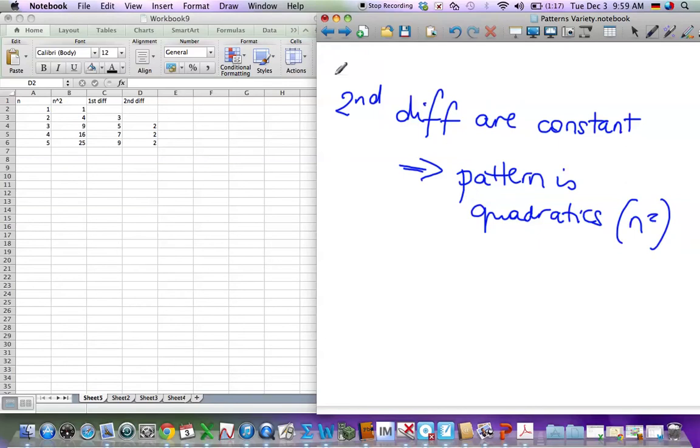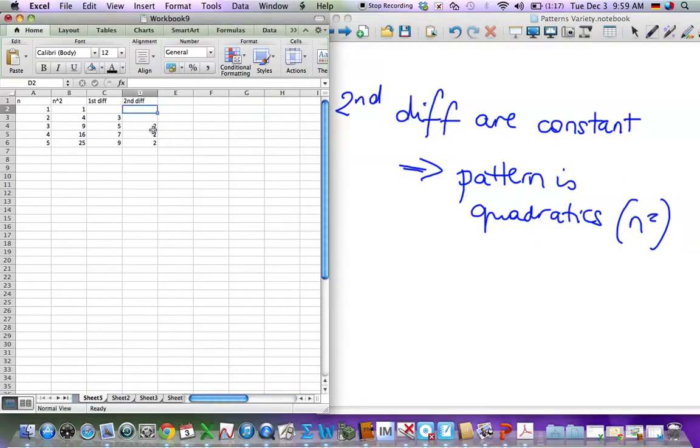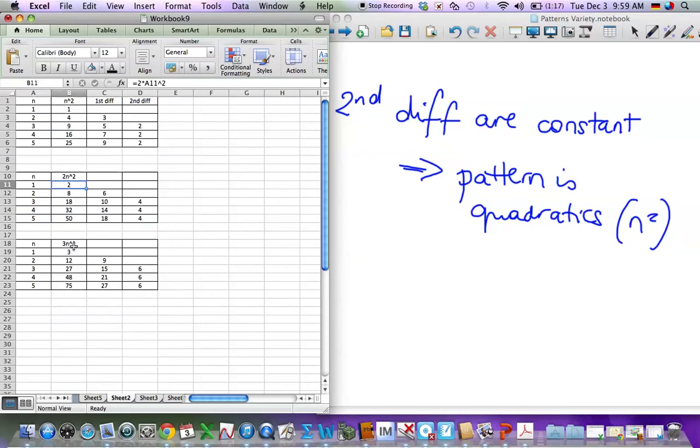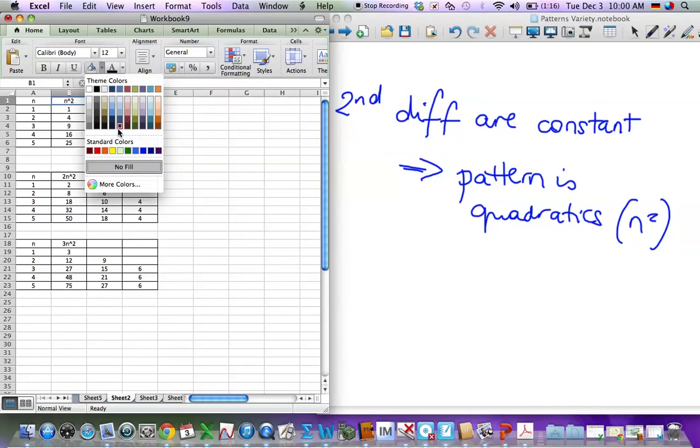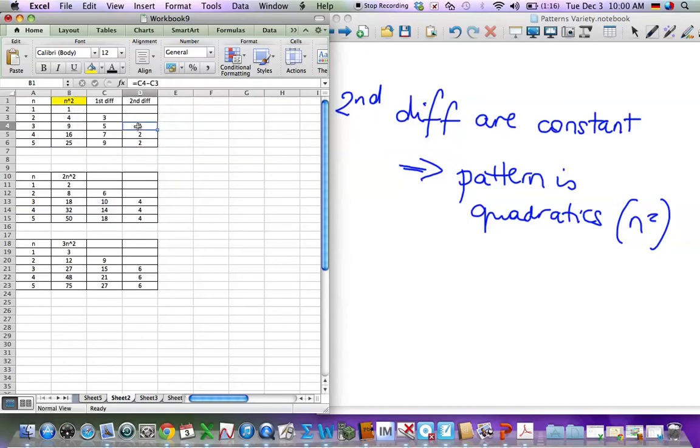But we also want to see whether there's an actual link between this 2 and the n squared, and what happens if this is a different number. To explore that, I've made a table listing not just n squared but 2n squared and 3n squared as well, and I've done my first and second differences. When the formula was just n squared, the second differences were 2.